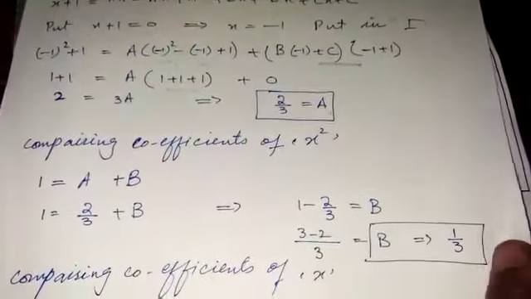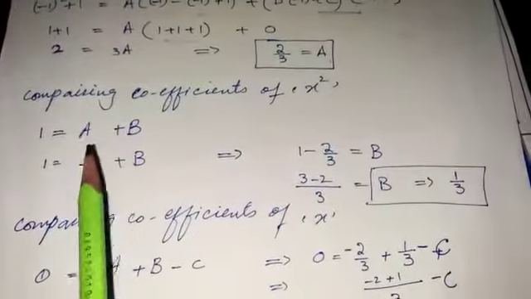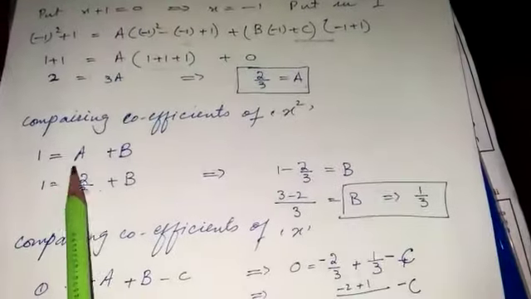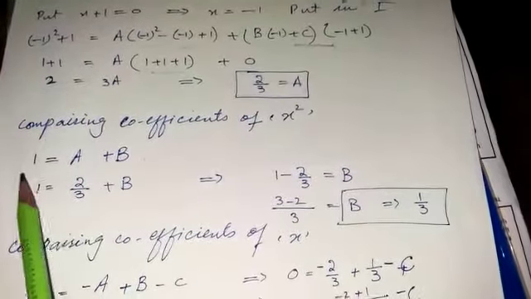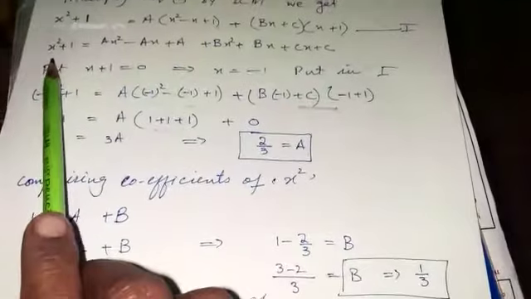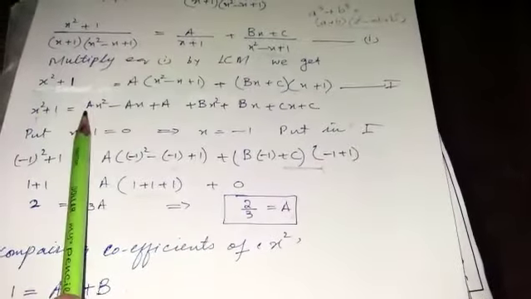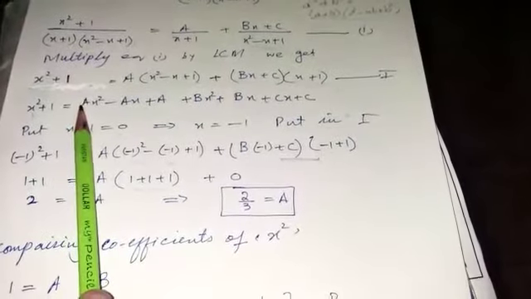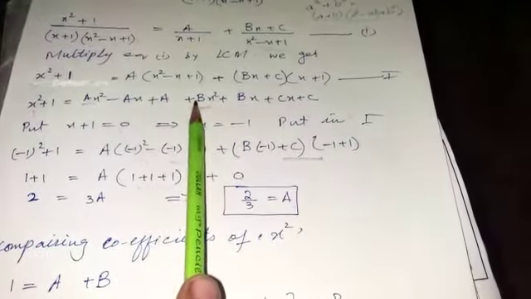Now there is no linear factor, so we will compare the coefficients of x square. We get 1 equals a plus b. These are the coefficients of x square in the expanded equation. 1 is the coefficient of x square here, a is the coefficient of x square and b is the coefficient of x square.